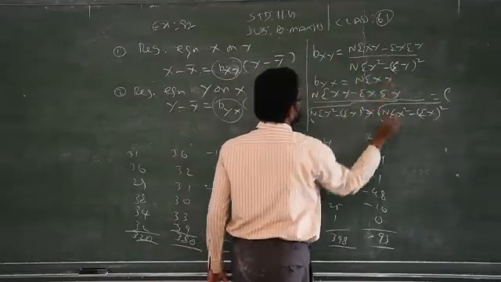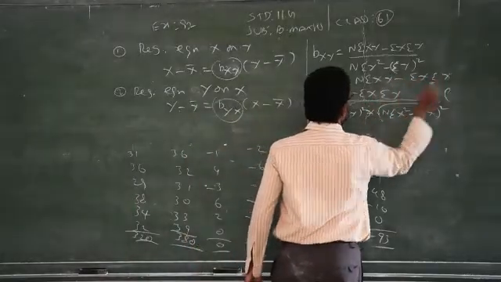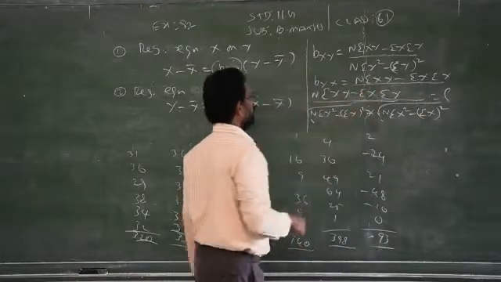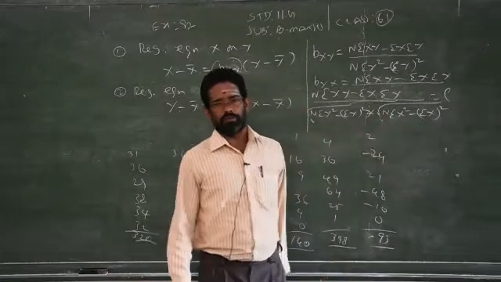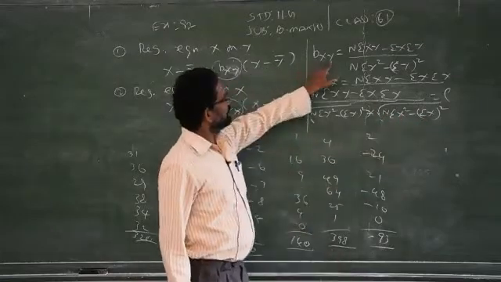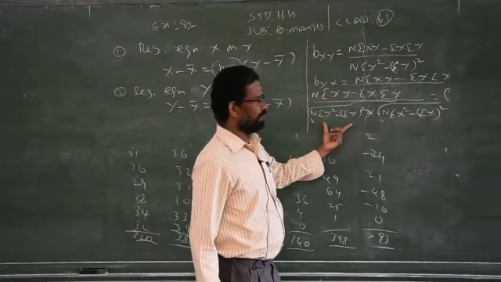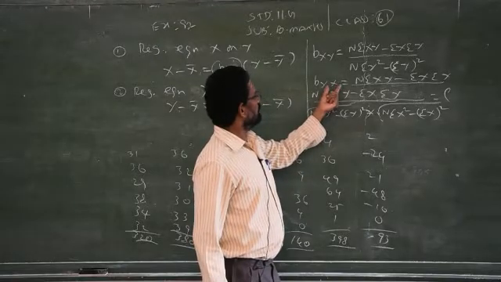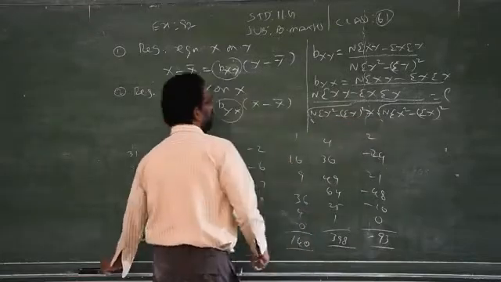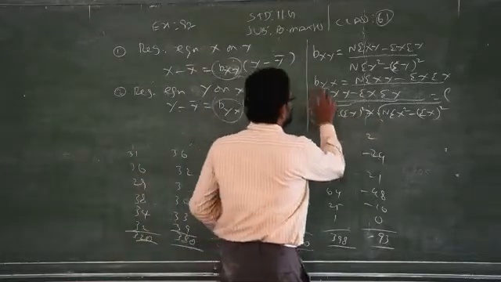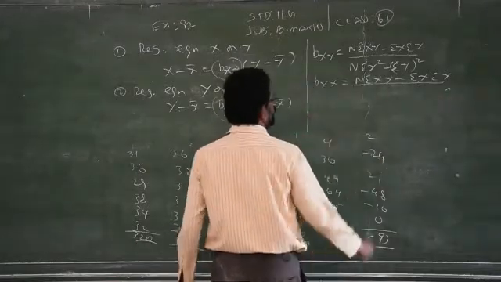You have to write as it is, n into summation xy minus summation x summation y, whereas in the denominator, here you take only the x factor without square root. Clear? So from the general formula you can easily find the formula for b_xy and b_yx.